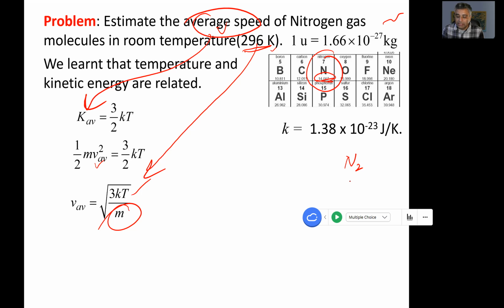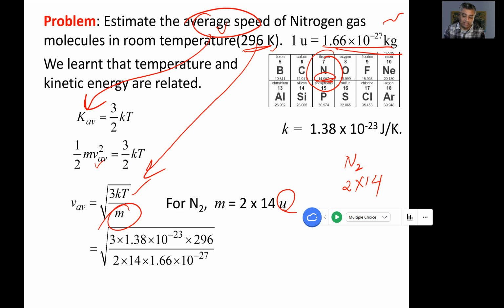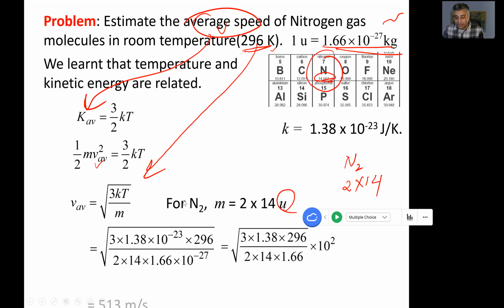So that means it's going to be 2 times 14, okay? For the mass, that's what we need to write. And that's going to be in atomic mass unit. And to convert that in kilogram, you need this conversion factor, okay? So after plugging in all the constants, I get this. And if I calculate that, hey, 513 meters per second.